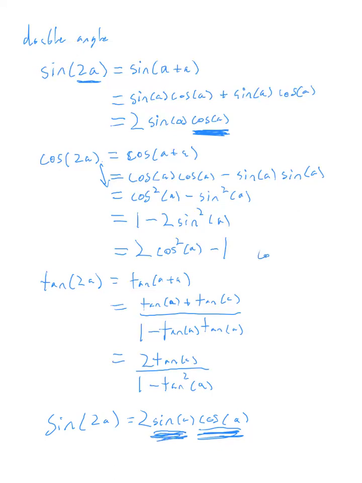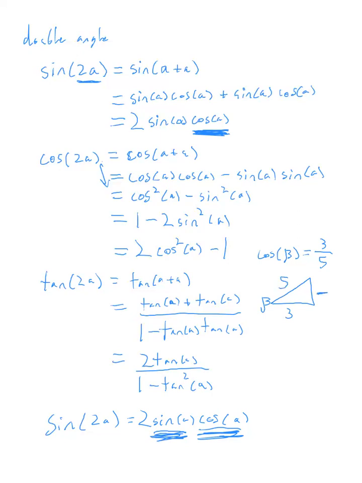So if I told you, for instance, cosine of, let's say, beta was 3/5, then I can draw this triangle where I call this angle down here beta, and cosine is the ratio adjacent over hypotenuse. So the adjacent side would be 3, and the hypotenuse is 5.